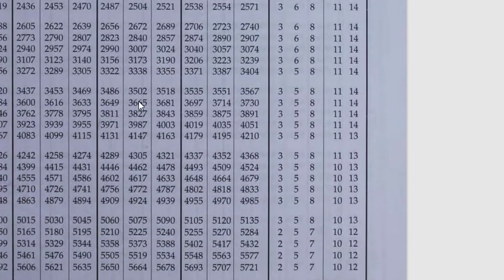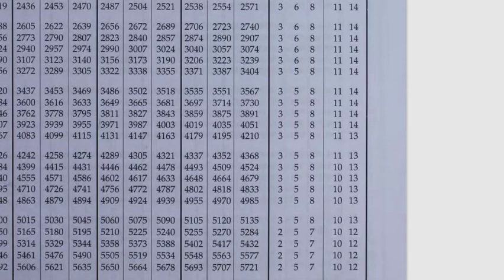So in the 30 minute column, for 26 degree 32 minute, I will get 4462, and then this 5 I will add. 4462 plus 5, so I will get 4467.